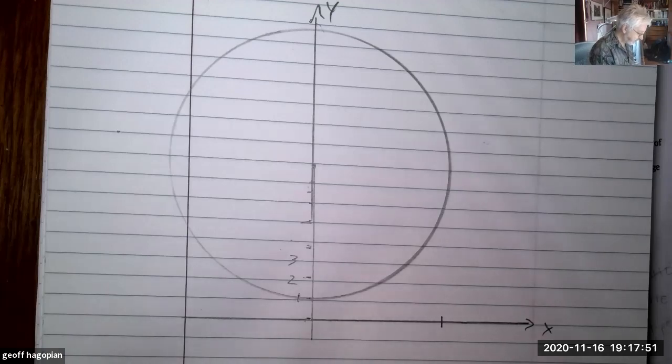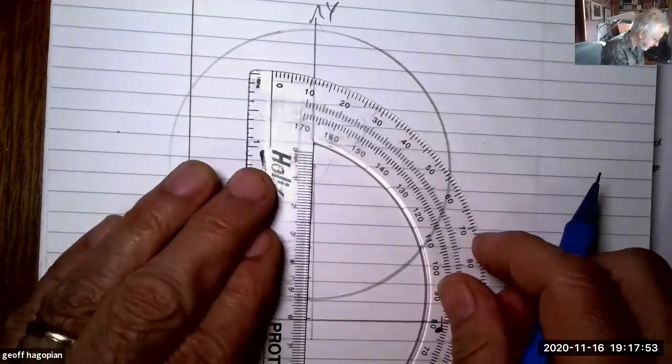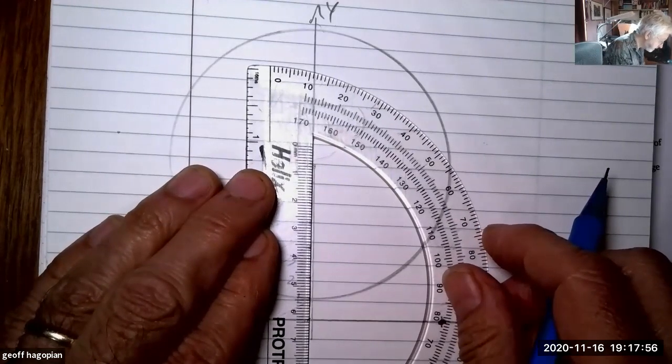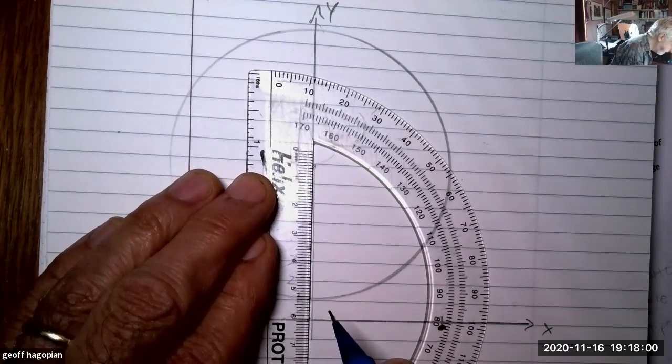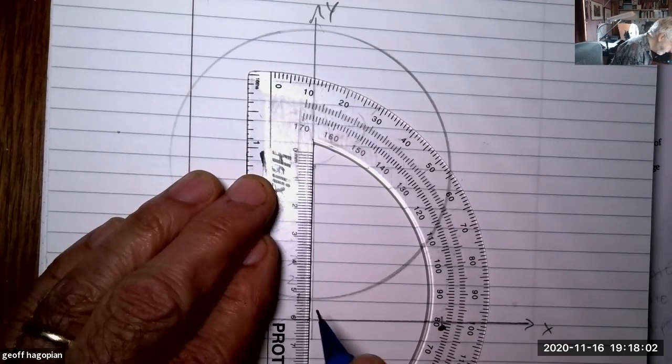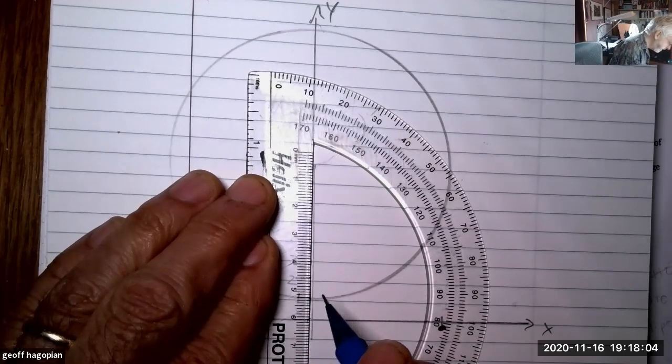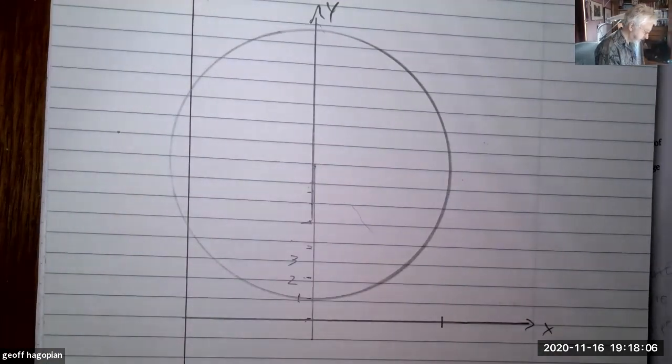Sorry. Well, let's just mark off our half centimeters, shall we? They're kind of hard to see, I guess, is the problem. And it's actually more than a half a centimeter. That's another part of the problem.